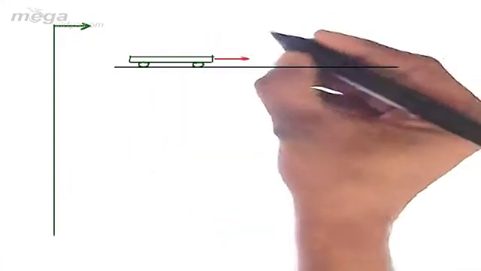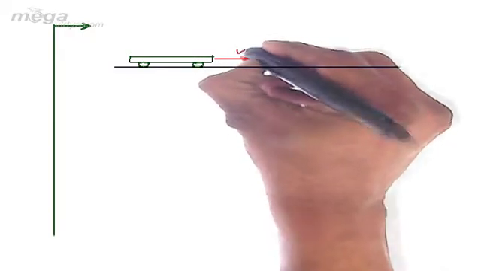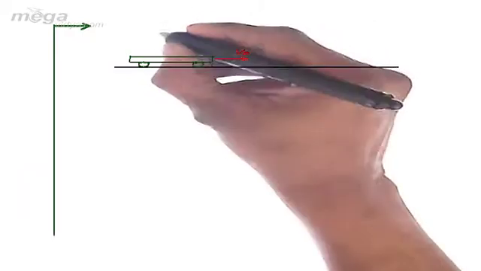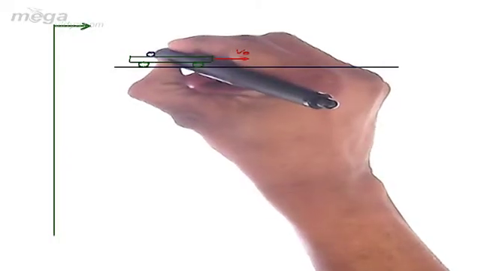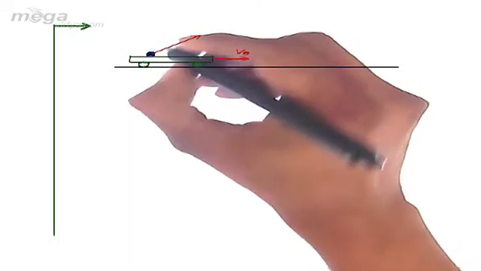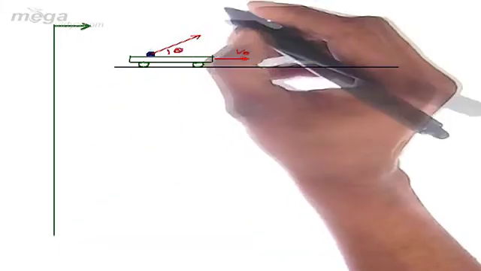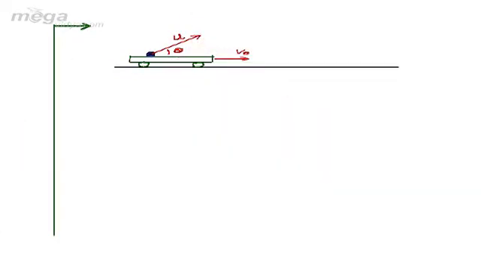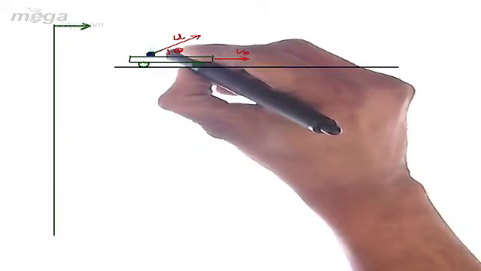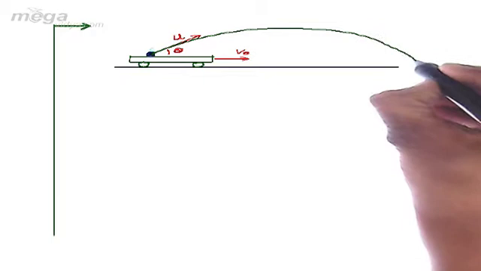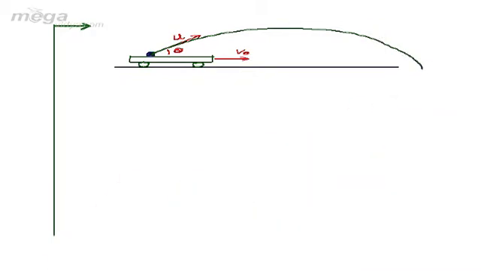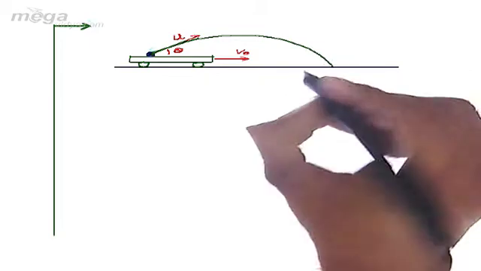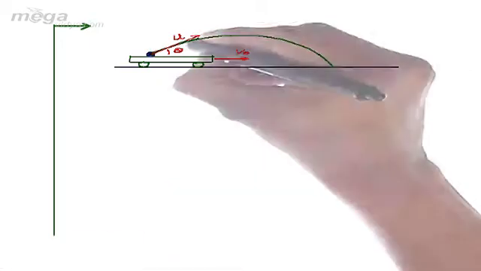A trolley is moving in this direction along the horizontal with velocity say v0, and we throw a projectile from this trolley at an angle theta with the horizontal with velocity u relative to the cart. In this situation, the possible path followed by this projectile will be of this type in reaching the ground.